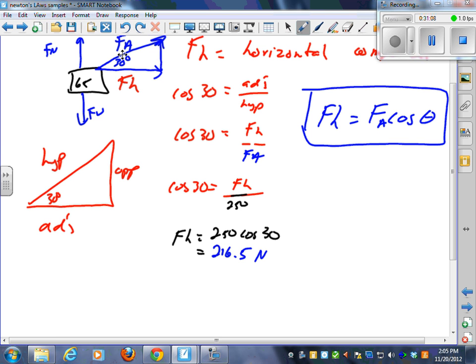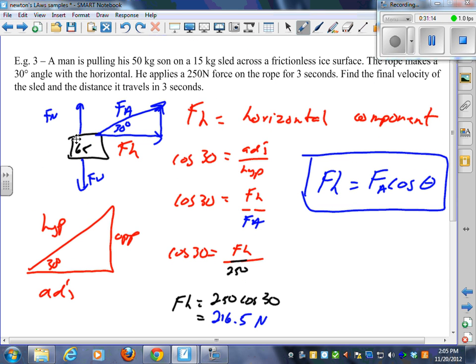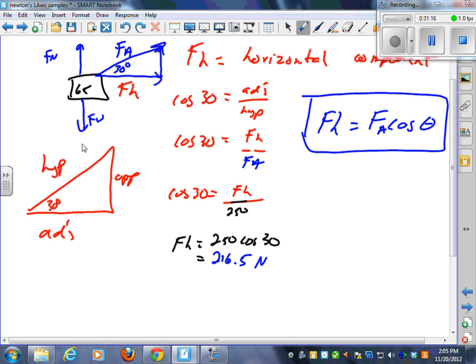All right, so now I've got my horizontal force. Now, we are lucky in that there is no friction here, right? If there was friction, I'd have to subtract it to get my net force, right? But there isn't. So in this case, do you guys know what 3 dots in a triangle means? It means therefore.